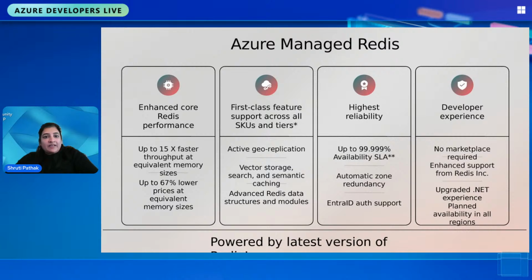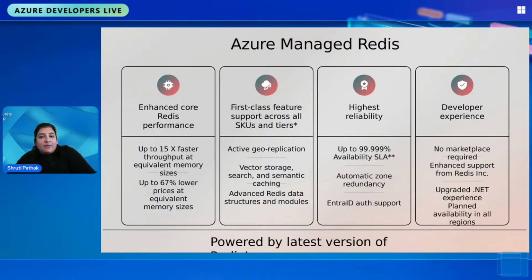Along with the active geo-replication, Azure Managed Redis also comes with an industry-leading five nines of availability SLAs, and you get automatic zone redundancy for your instances without an additional cost. And obviously, it does come with Entra ID authentication as well. Along with that, we have also made it easier to use. We have removed the marketplace requirement, which used to be a big blocker, which blocked adoption for a lot of customers.